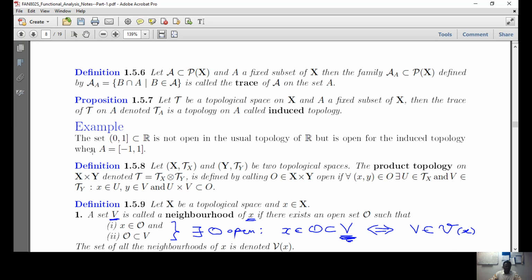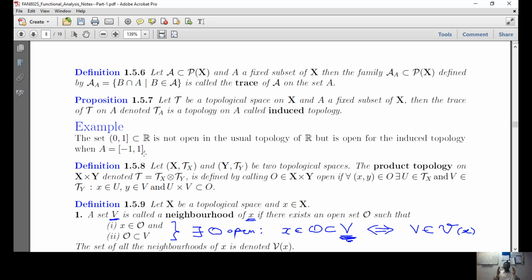If we define A to be the closed interval [-1, 1], closed at -1 and closed at 1, and then we define the induced topology on A, then the semi-open, semi-closed interval (0, 1], open at 0 and closed at 1, becomes open for this induced topology.